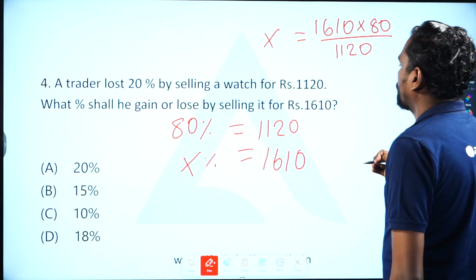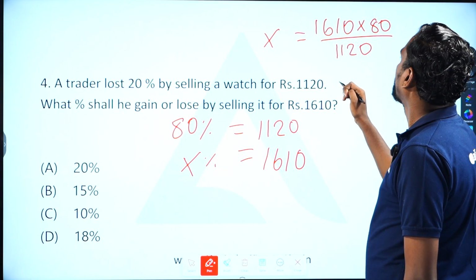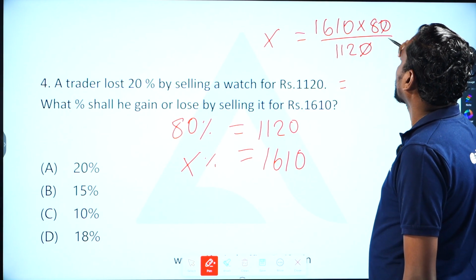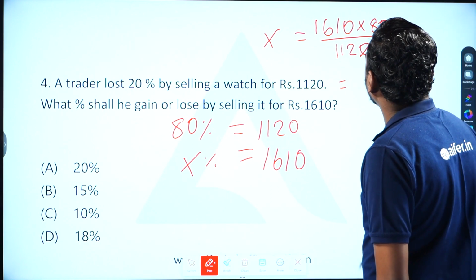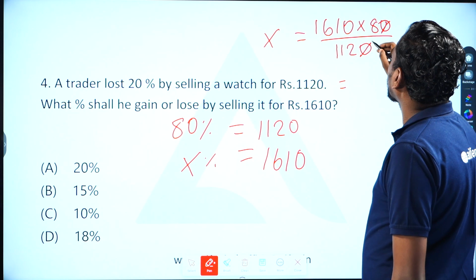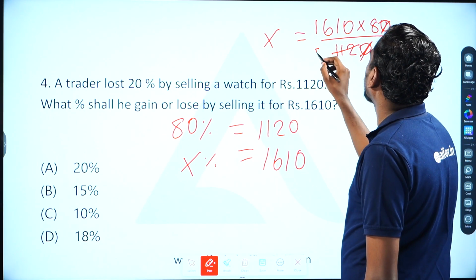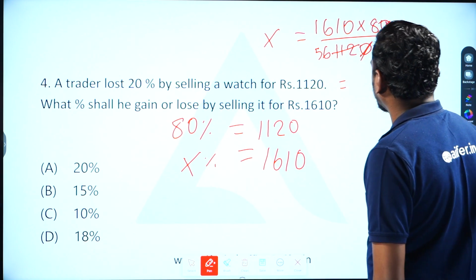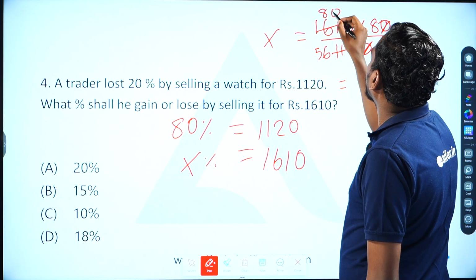So we have to solve it. We have 0 0 cancelled. Then 2 2 cancel. We'll be having here 56 56 112, and here we'll be having 805.